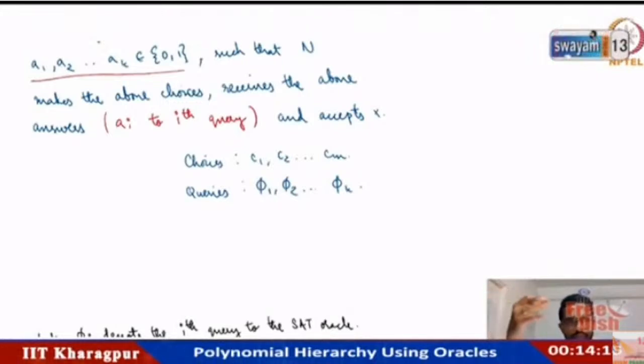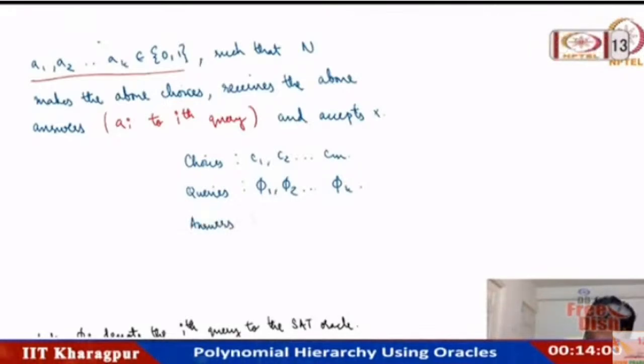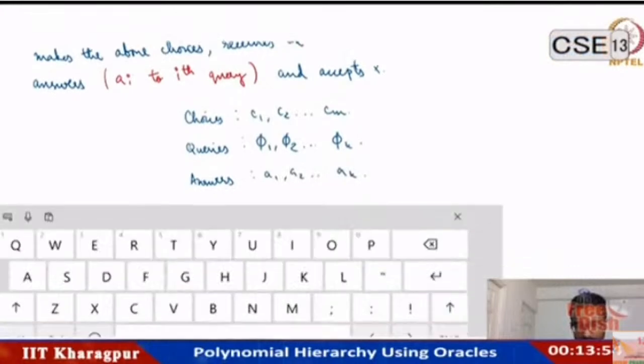Every time, it must be writing a SAT instance, which is a Boolean formula. Let the queries be the Boolean formulas phi 1, phi 2, phi 3 up to phi k, and the answers be A1, A2 up to Ak: k queries, k answers.